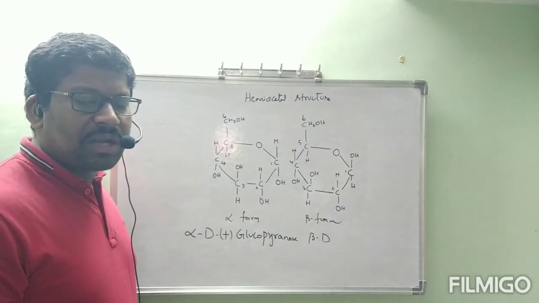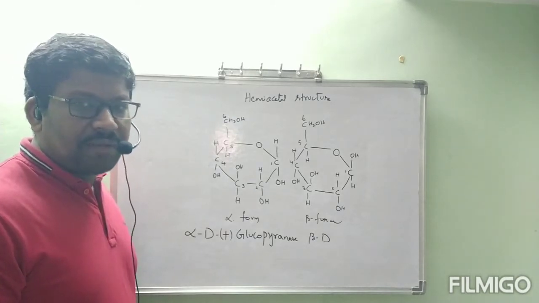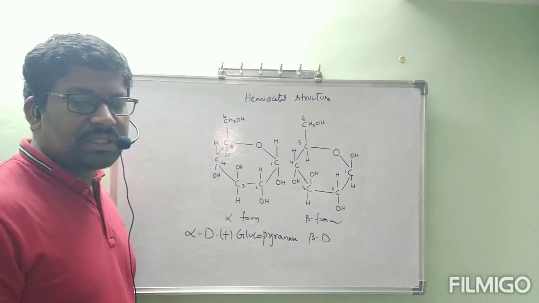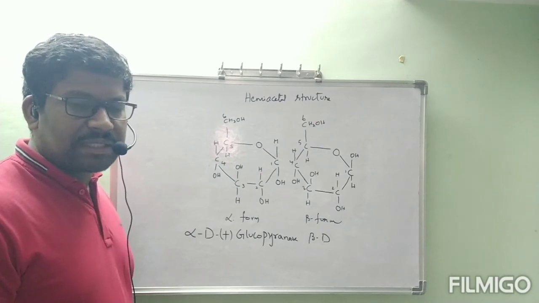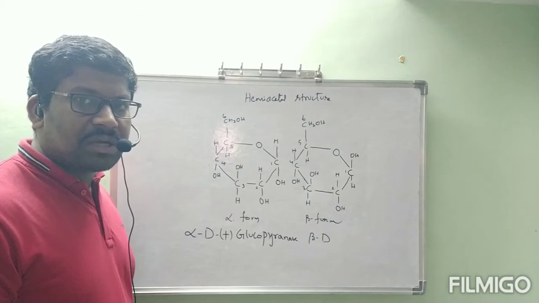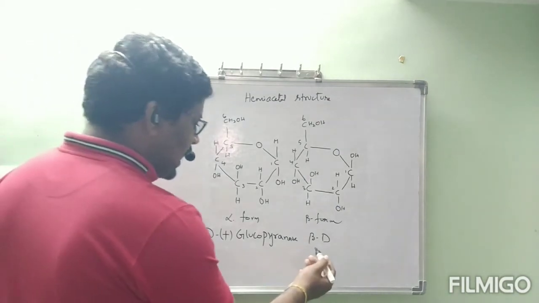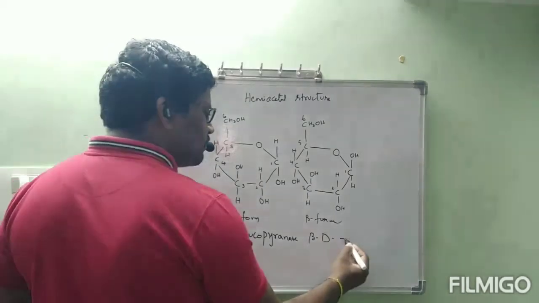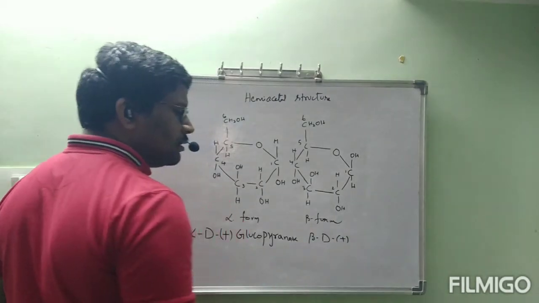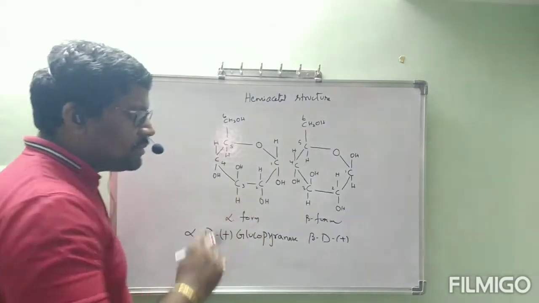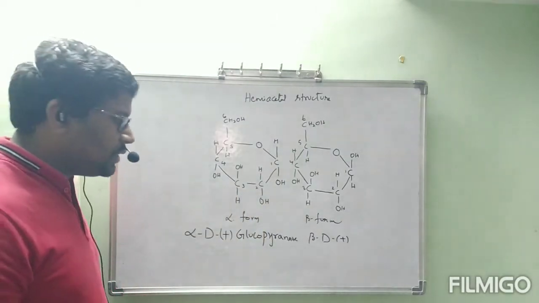Capital L representation carbohydrates are also there, but in our textbook we discuss only capital D representation compounds. Now beta capital D is also plus only. Alpha form and beta form are both dextrorotatory only.